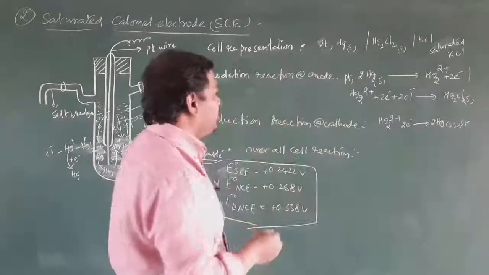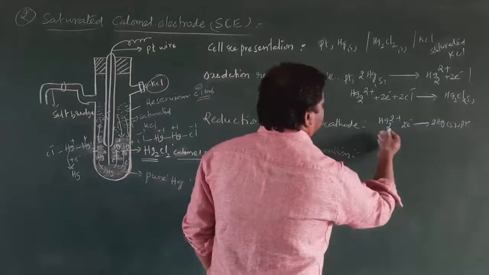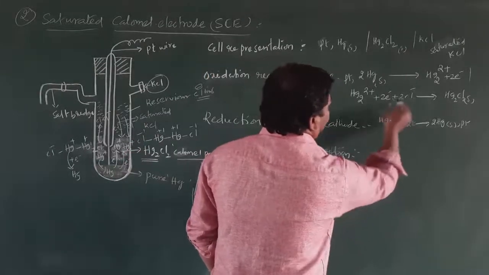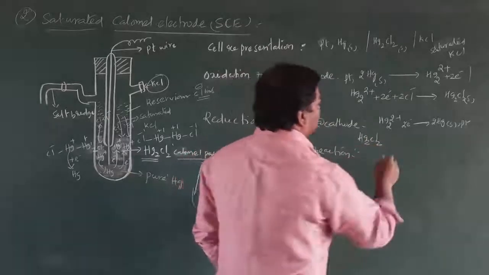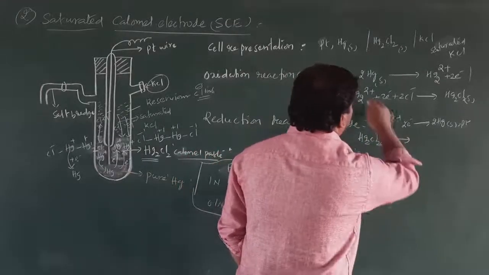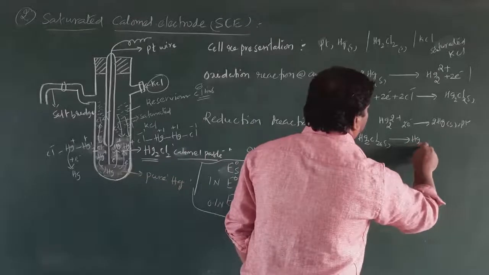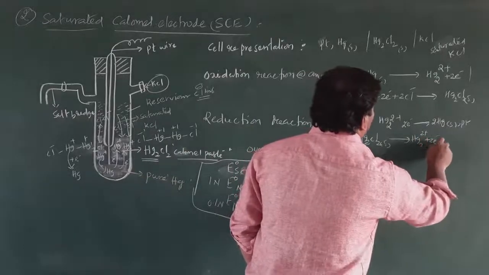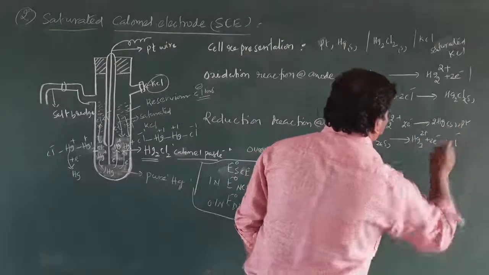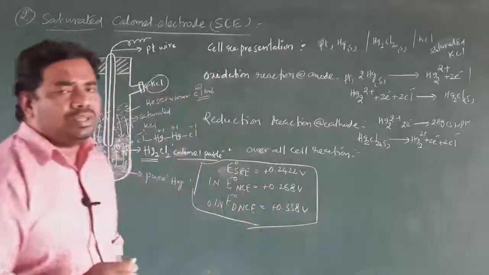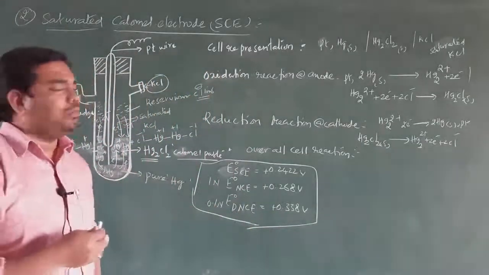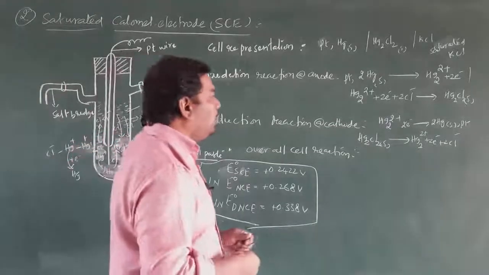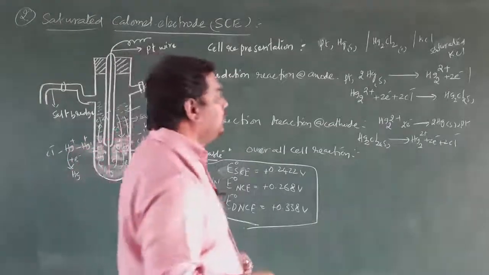Right. Next, Hg2Cl2 solid is converted into Hg2 2+ plus 2 electrons plus 2 Cl minus. So this is the reaction that takes place at the cathode. Clear? Right. So I will write the overall cell reaction of this calomel electrode.